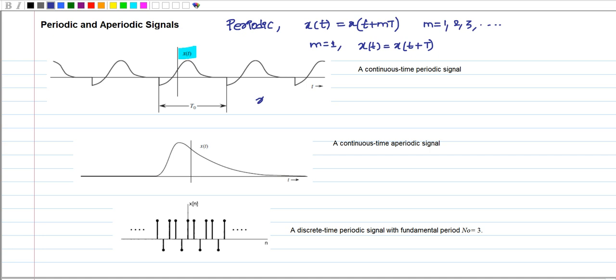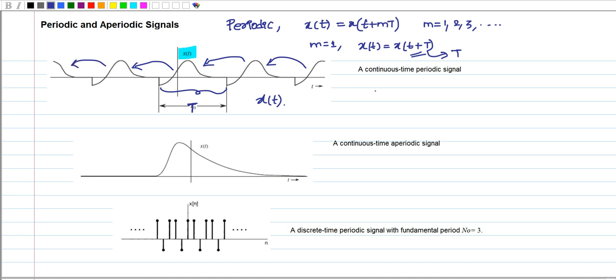So this is x of t signal. Then x of t plus T means I have to shift my x of t signal by a time shift of T. Suppose this is the time interval T. If I shift by time T, then this portion will shift to here, this portion will shift to here, this portion will shift to here.